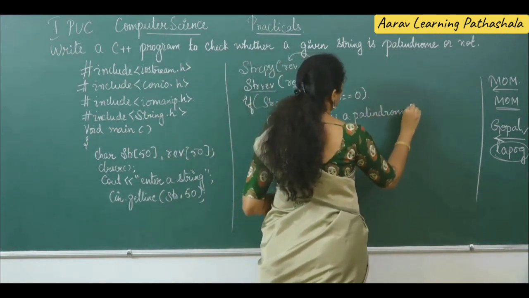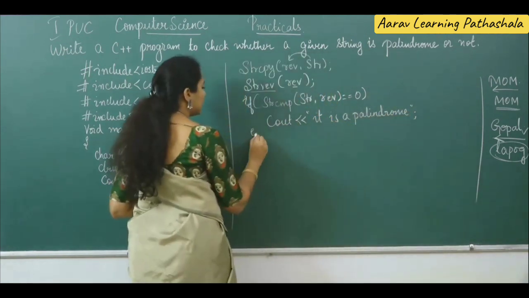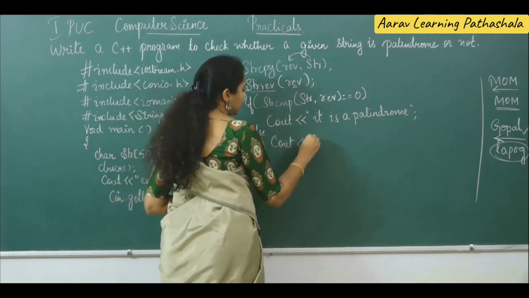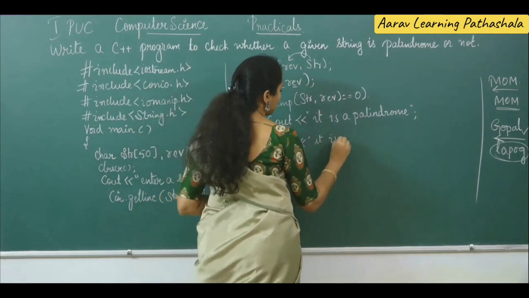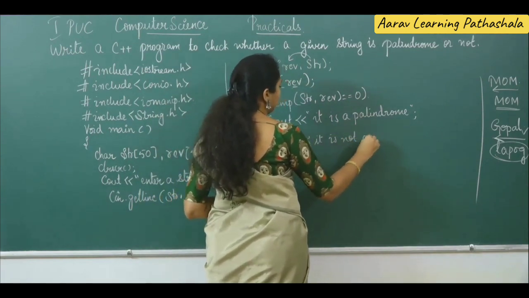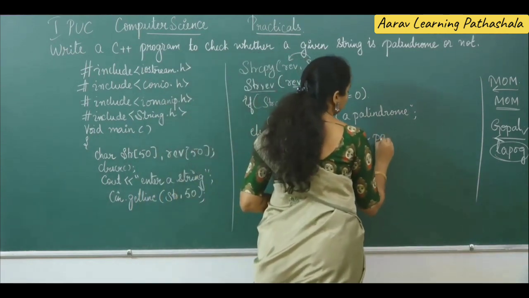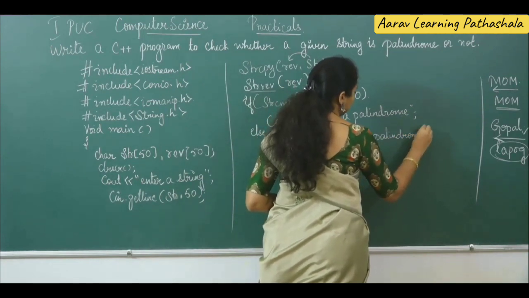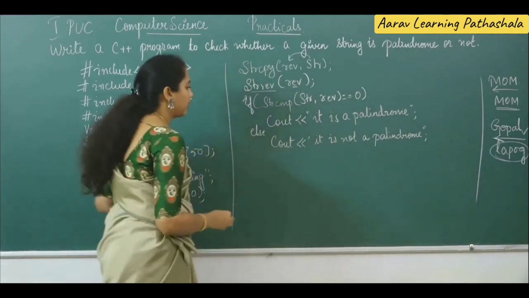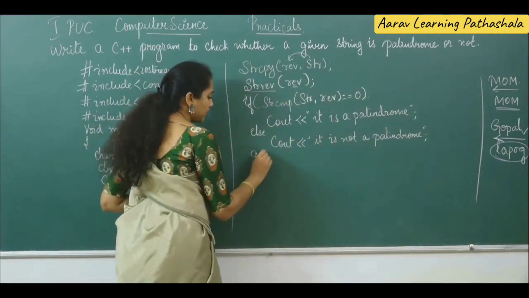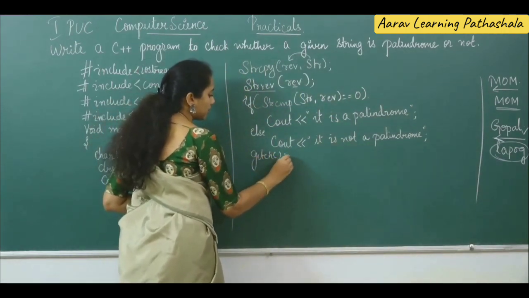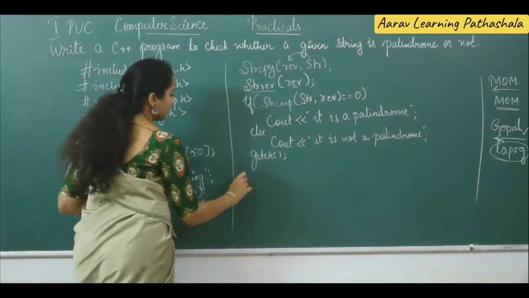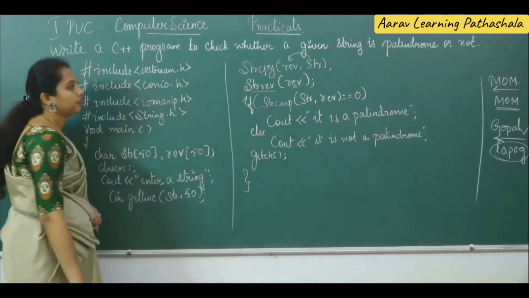Else, cout, it is not a palindrome. The getch function holds the output screen until the user presses any key on the keyboard. So close the main function.